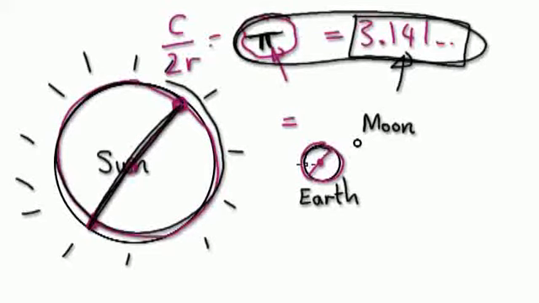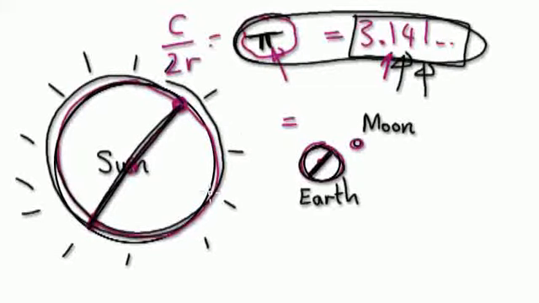If you get the circumference of the Earth and then divide it by 2r, you're going to get roughly 3.141. If you look at the moon, if you get the circumference of the moon and divide it by 2r, you're going to get pi. So basically, let's look at the sun.